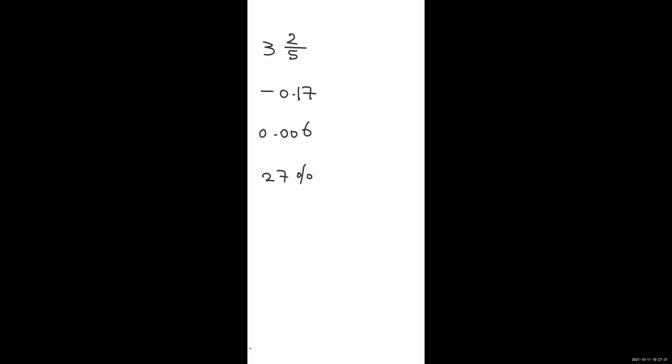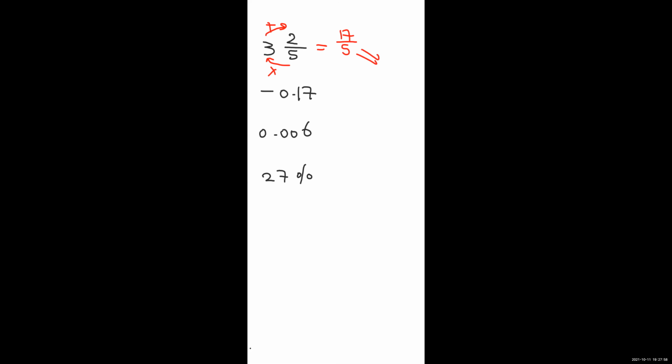Is it a rational number or not? Yes, because it is 17 over 5. Exactly. Because this number equals 5 times 3 plus 2, which is 15 plus 2, 17 over 5. So it's a rational number because we can express it in the form of A over B and B not equal 0.